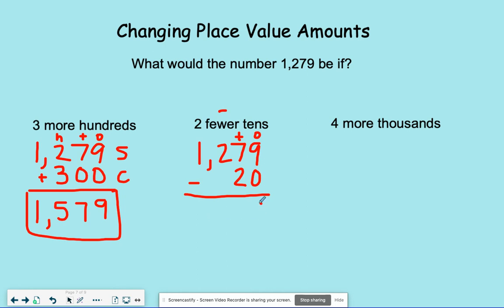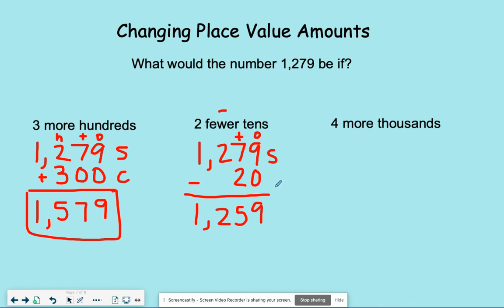And again, it's always wise to show your work. So in this case, we started with 1,279.